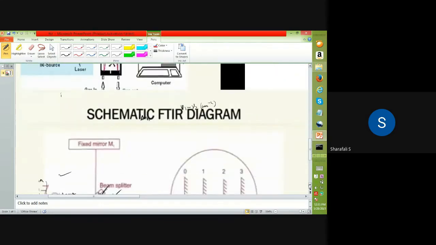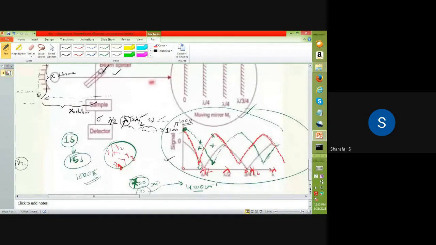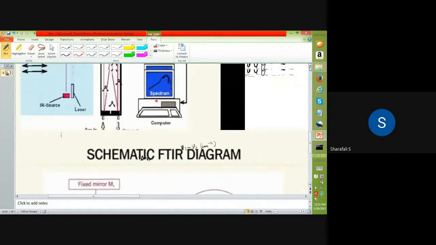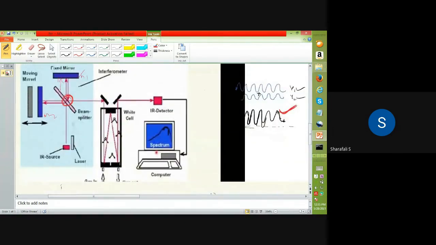After the interference of different frequencies, these interference patterns add up to each other, and that complex spectral signal will be very complicated, something like this.